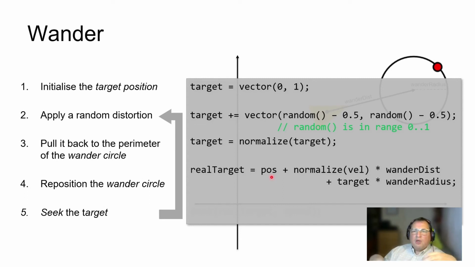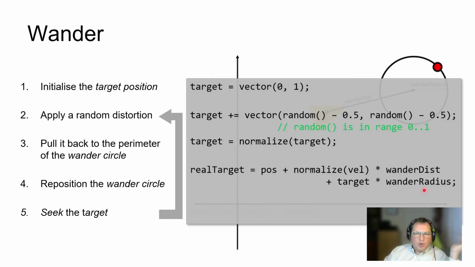As I mentioned before, this code will not be one-to-one applicable for your GFC projects, but it will be very, very close to it. Okay, so position plus normalized velocity multiplied by wander distance plus target. Please note that the target is the pair of coordinates of the target point multiplied by wander radius to scale, to grow this wander circle to its desired size.